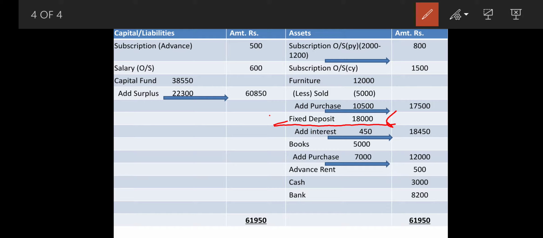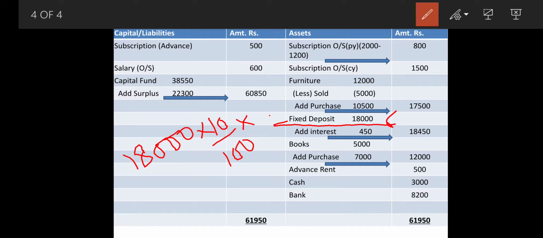So come to your working part. Write down, as I am saying: 18,000 multiplied by 10 upon 100 multiplied by, how many months are there? This is 31st June 2012-13. So now count the months.